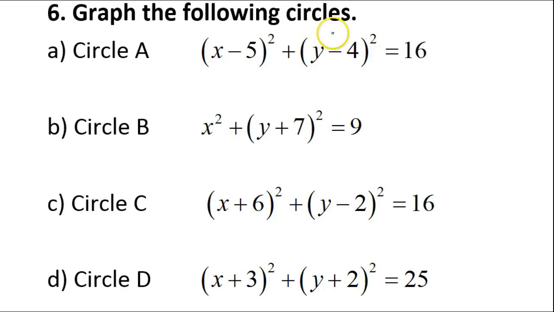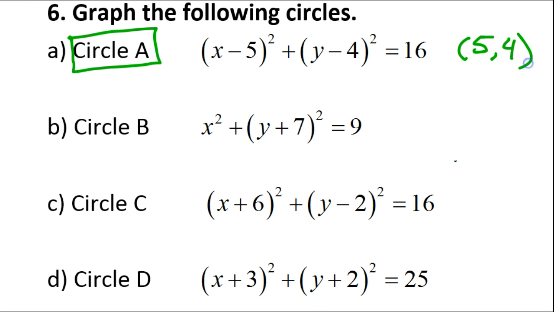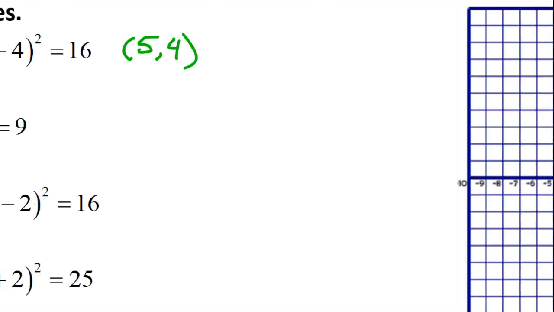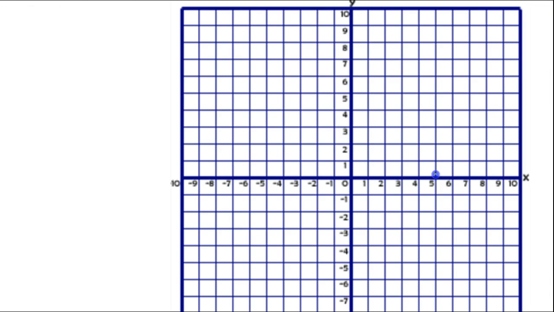All right, for number 6, we're supposed to graph all these. So I'm going to color code them. So this first one will be green. First of all, the center is going to be 5 comma 4. Okay, so there's my center.